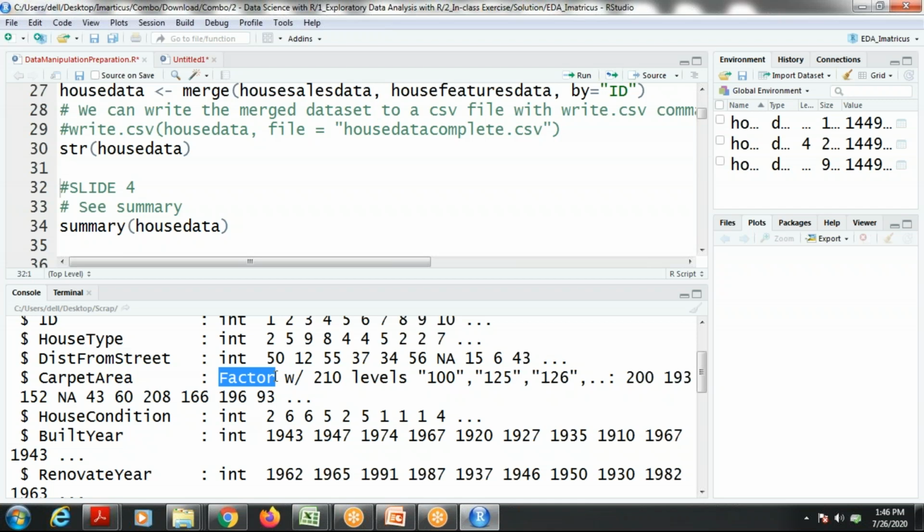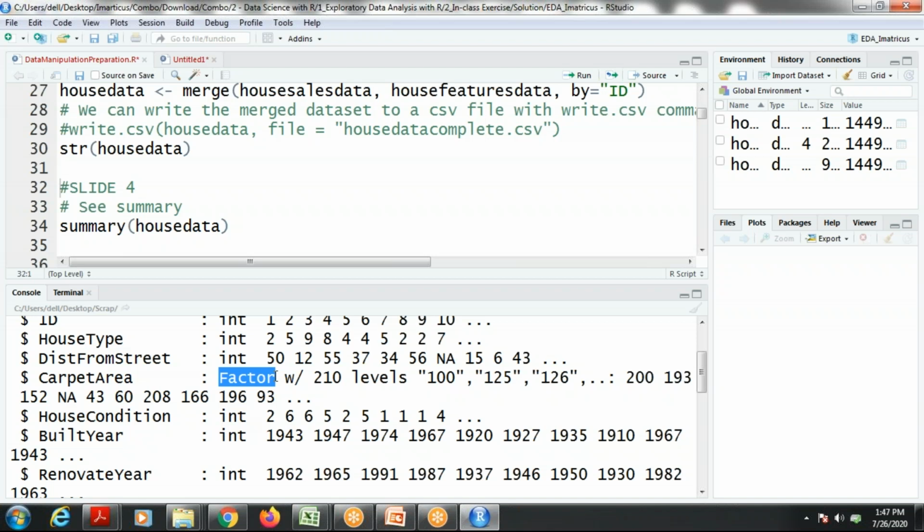That means R is trying to interpret in its own way, but it is not reading it correctly. Because distance from street also has missing values, right? Yes, both have. So in that case, distance from street should also be considered as factor. No, I'm saying that both variables have similar behavior, but both are read differently.